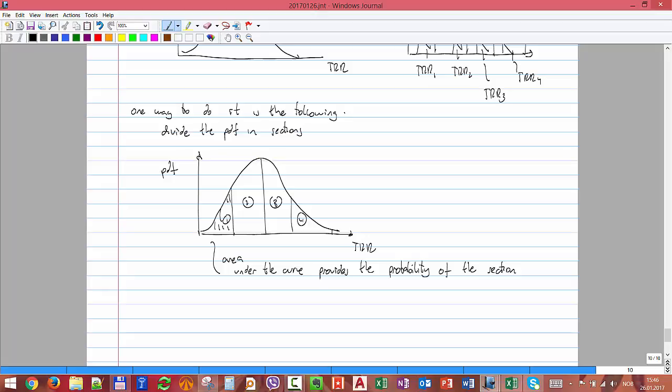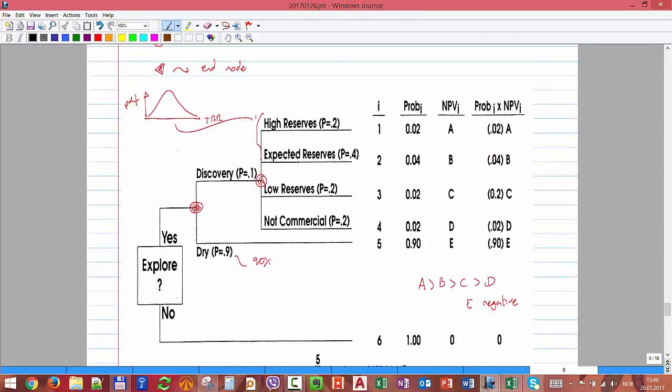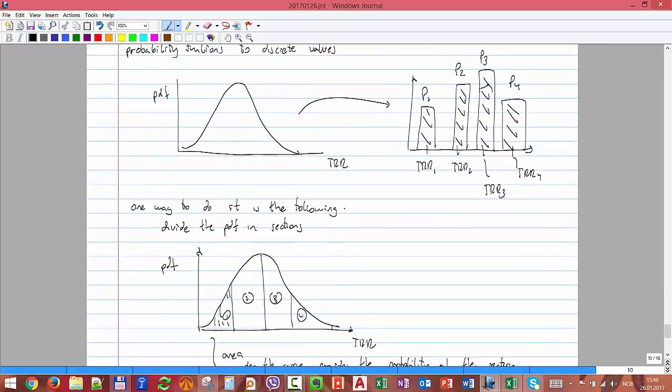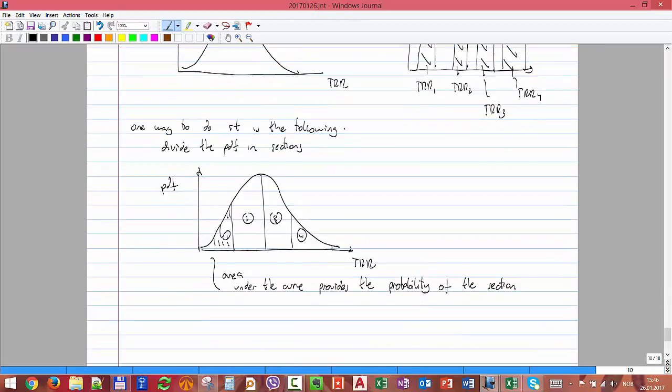So I have now the probability, and that's what I'm going to assign to each one of these branches. That's going to be this 20%, 40%, 60%, 80%. Right? But now how do I define the number that goes here, TRR1?